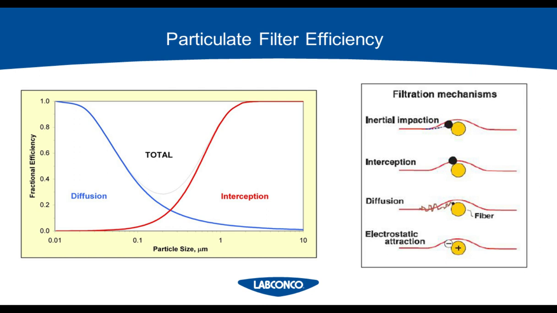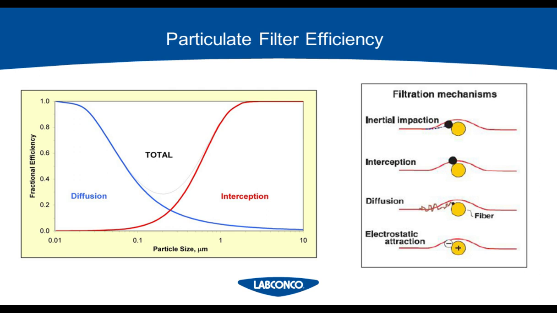If you have a particle smaller than the MPPS point, so really tiny, it's likely to diffuse, because it's so light it's flying all around in the filter media and will impact a fiber. As particles get larger, they're more likely to experience interception and inertial impact, with electrostatic attraction being pretty rare, given that the filter media is borosilicate glass, which often doesn't retain a very strong charge.